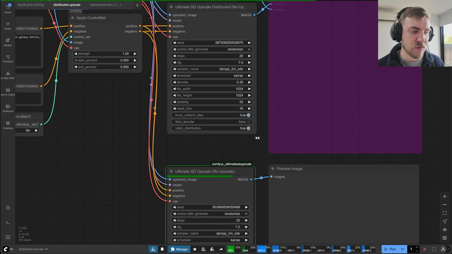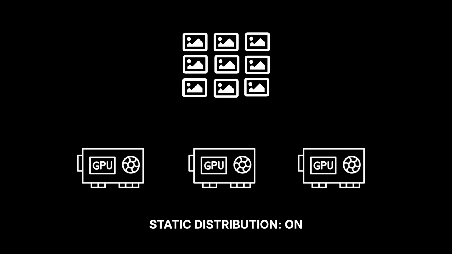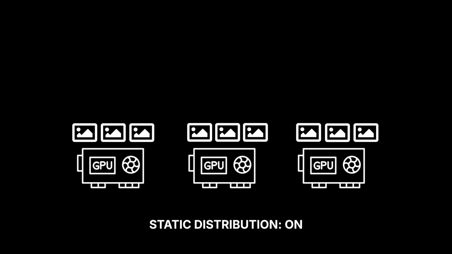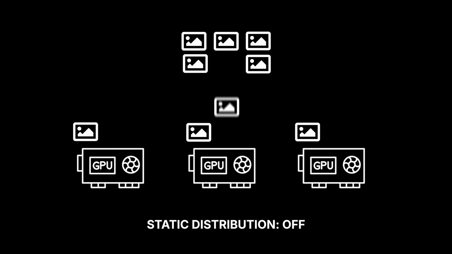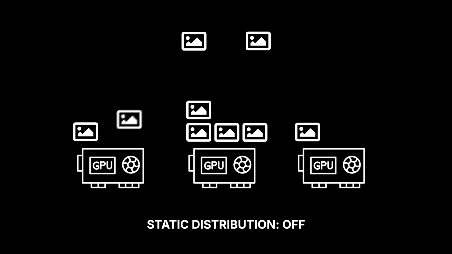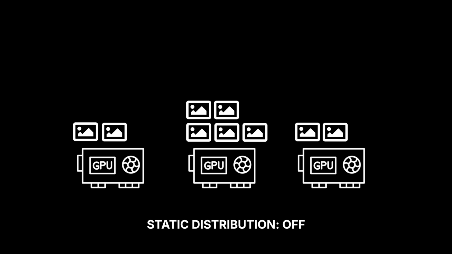So I have a static distribution. Now I'm going to show you guys a quick demo of the difference between static distribution on and static distribution off. Instead of pre-assigning tiles to each GPU, the system now uses a queue where faster GPUs automatically process more images, ensuring your powerful cards aren't waiting for slower companions. This is great for people that have asymmetrical GPU setups, meaning some GPUs are faster than others.